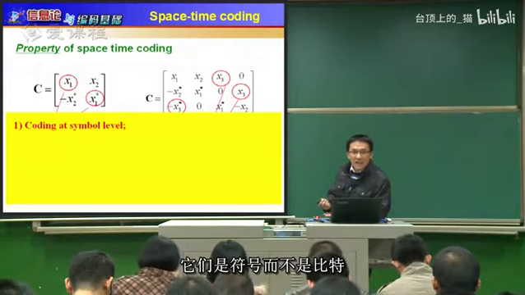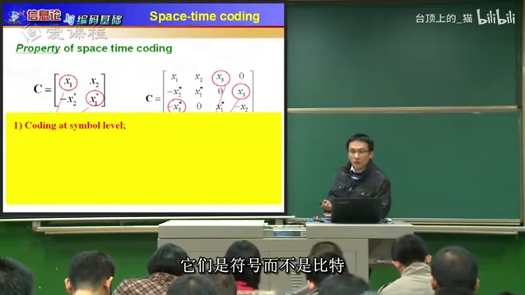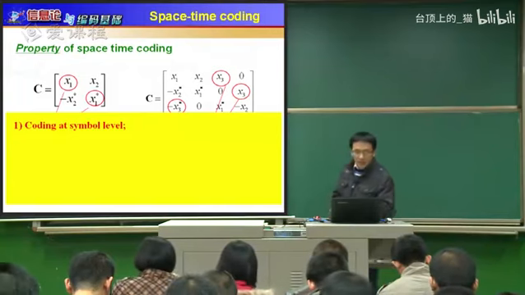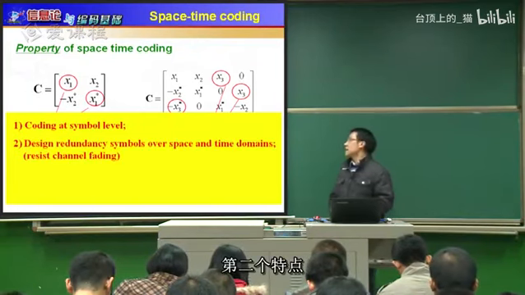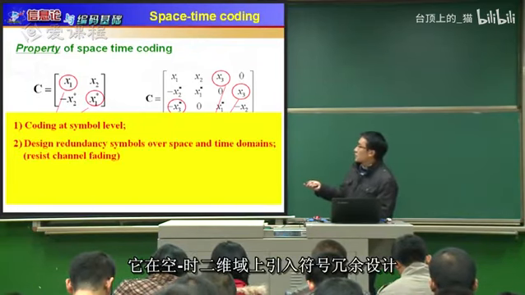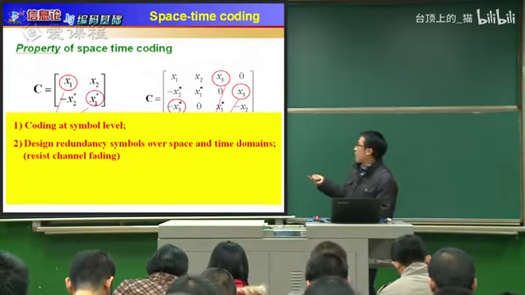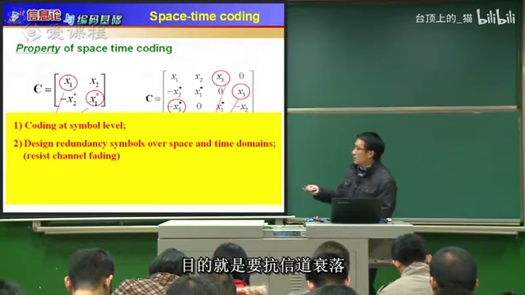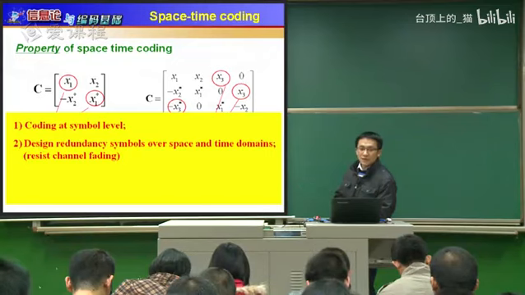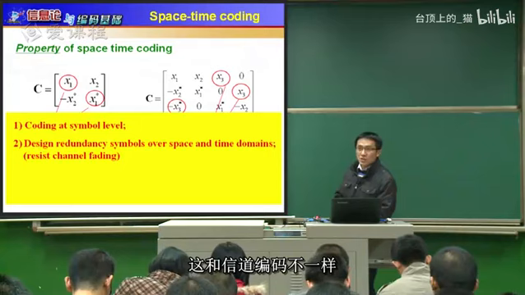So they are symbols instead of bits. This is the first property. And another property, it is to design redundancy symbols over space and time domains. The aim is to resist channel fading. So this is a different result from channel coding.